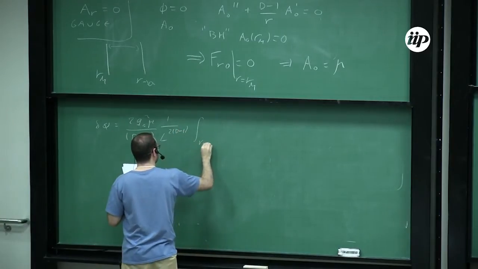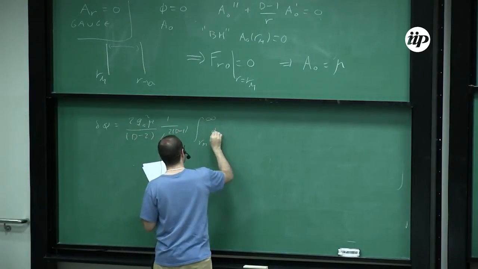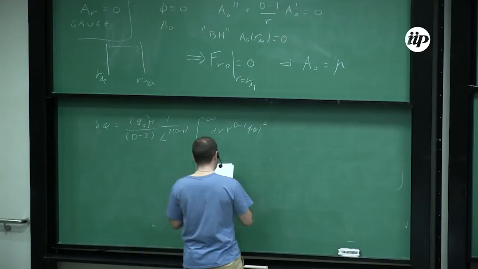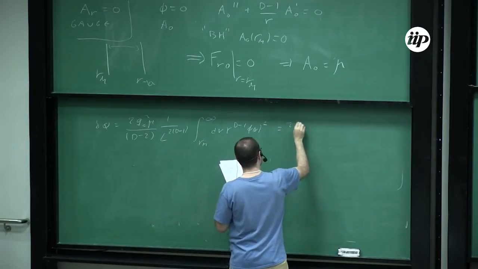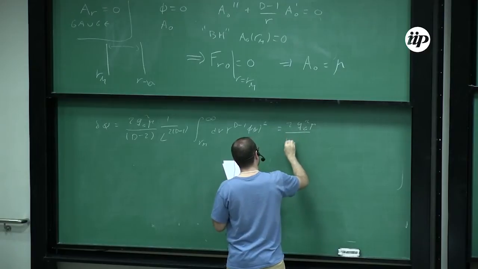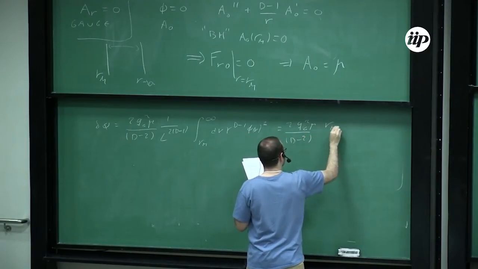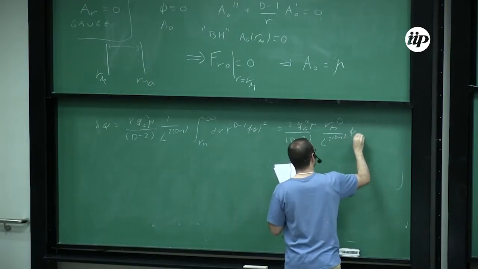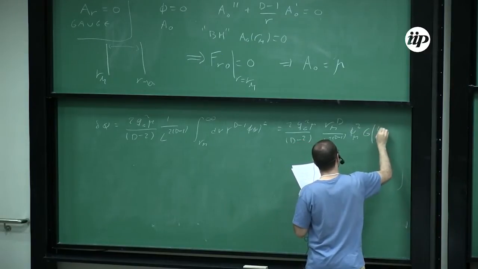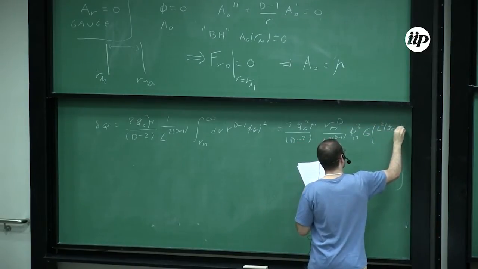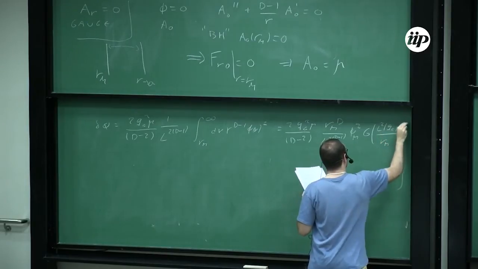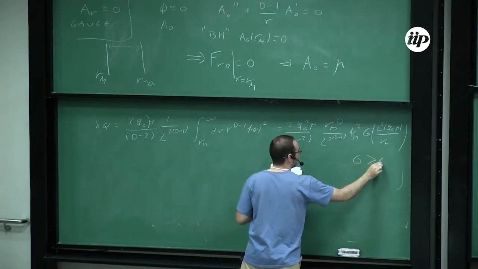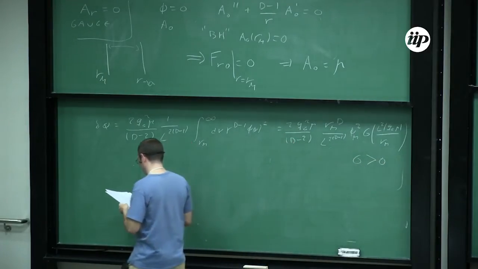And then there is this integral that now is between the hard wall and the infinity. And then this becomes something like this. And I'm not going to write this function. It's known explicitly, but it's a bit messy to write. And it's a positive function.